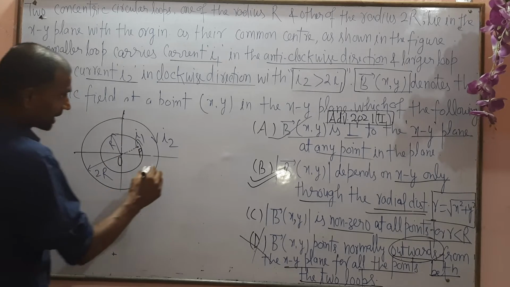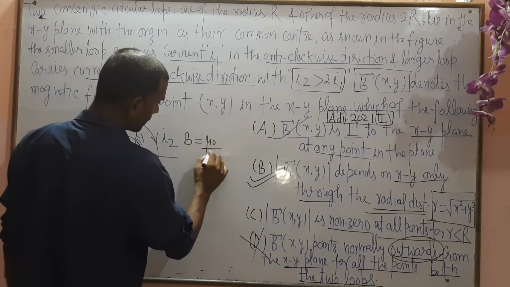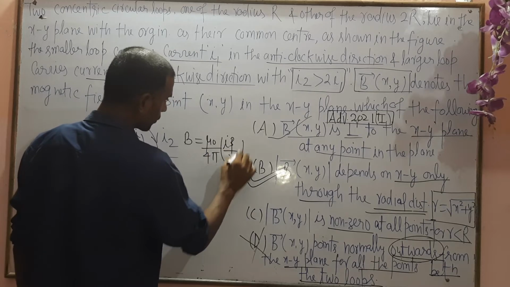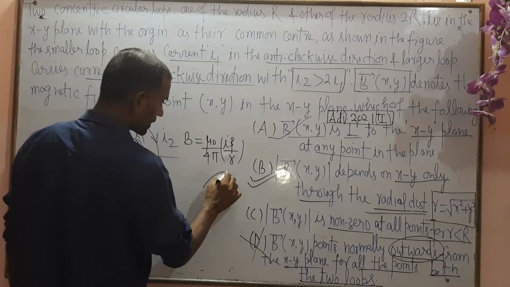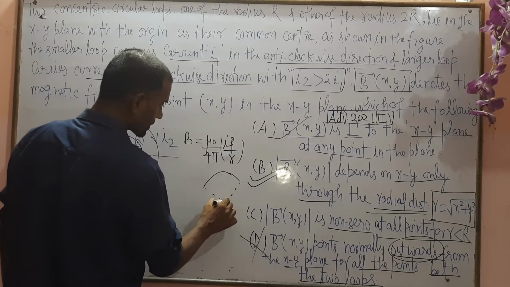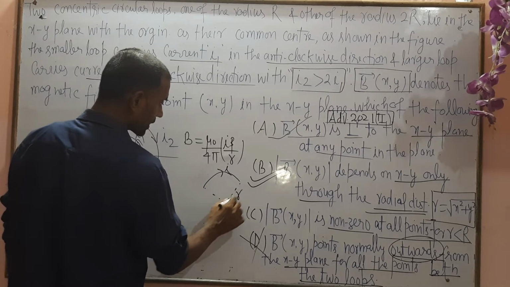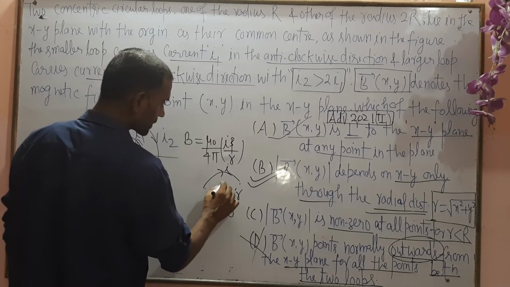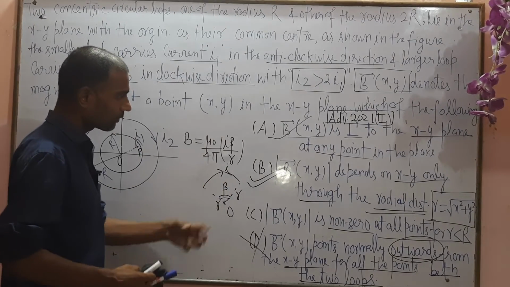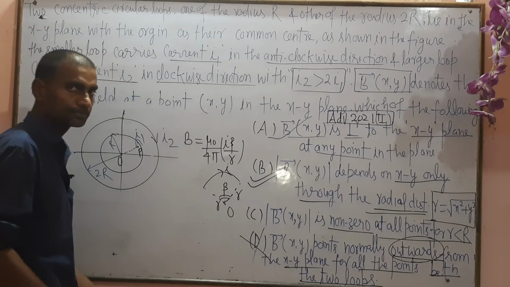The magnitude of the magnetic field due to the circular wire will be mu naught by 4 pi, I beta divided by R. Beta is the angle subtended at O point, and R is this distance, and this angle is beta. So the magnetic field B due to circular wire is mu naught by 4 pi, I beta upon R.